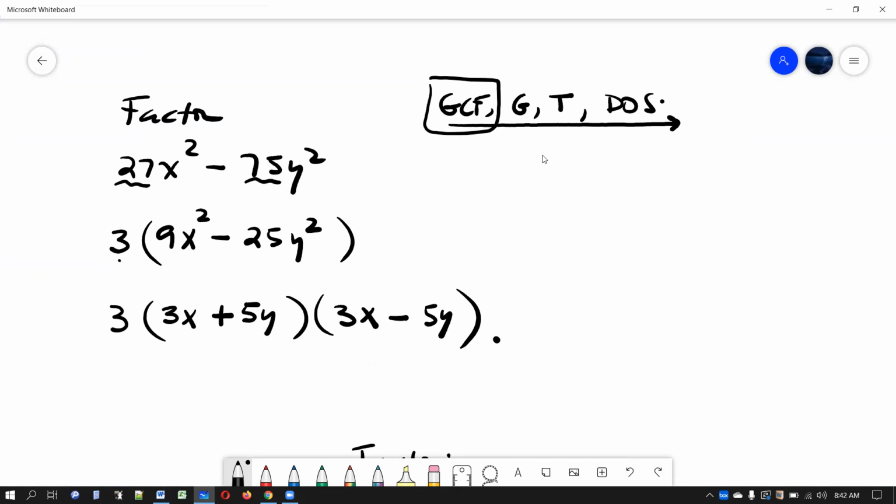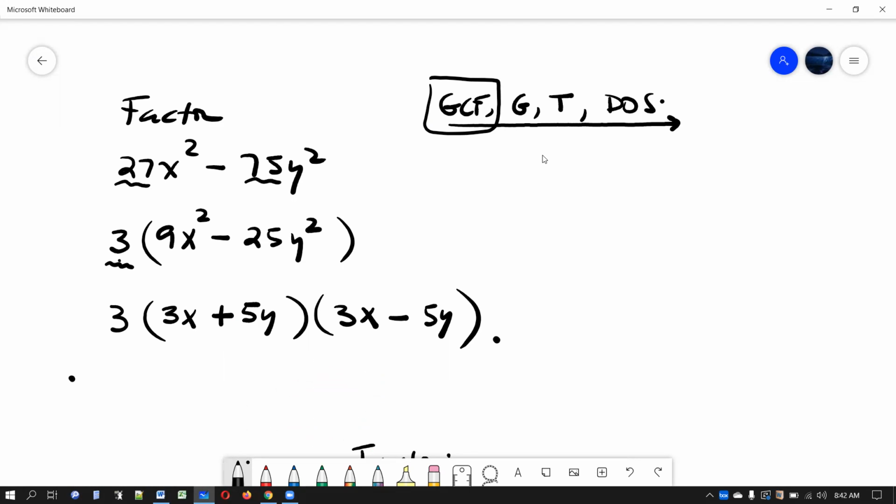So the 27x squared minus 75y squared looks like difference of squares because I have two terms and a minus in the middle. However, between 27 and 75, I do have a common factor, which is 3. So in that case, I must factor 3 first.